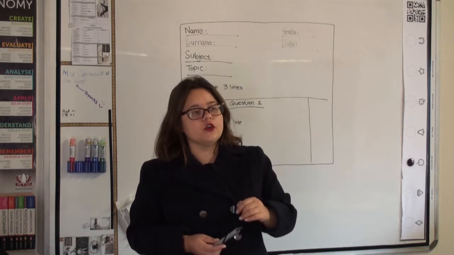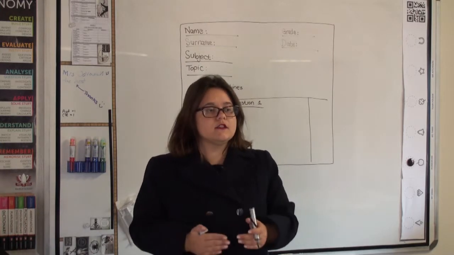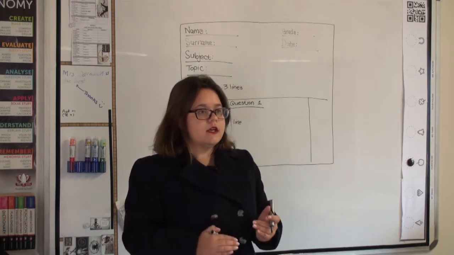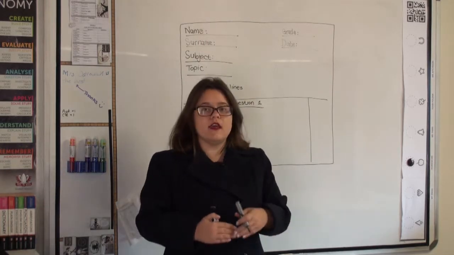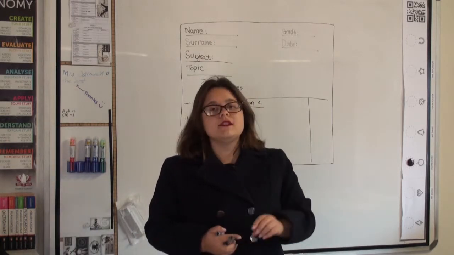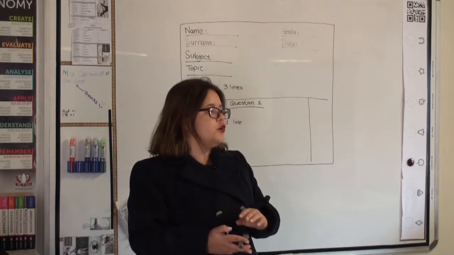At the end of the question, at least for the intermediate and the senior phase, you will rule off and start the next question underneath that. I know that some teachers in the FET phase, and sometimes even in the junior phases, will insist upon the new question being started on a new page.